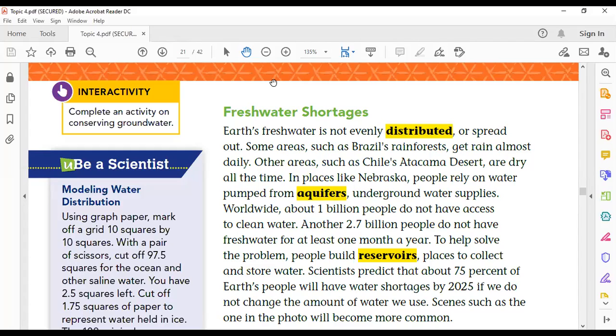Let's continue. In places like Nebraska, I think it is in the United States, people depend on water pumped from aquifers. By the way, here in Jordan, we depend, not completely, but in part, on groundwater from aquifers.